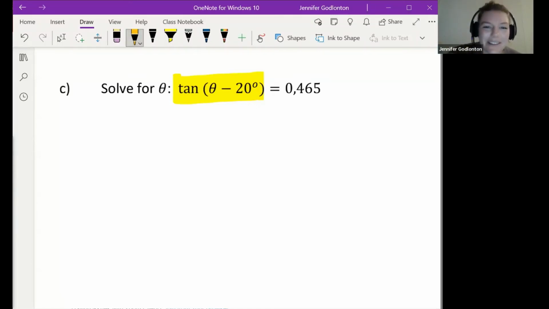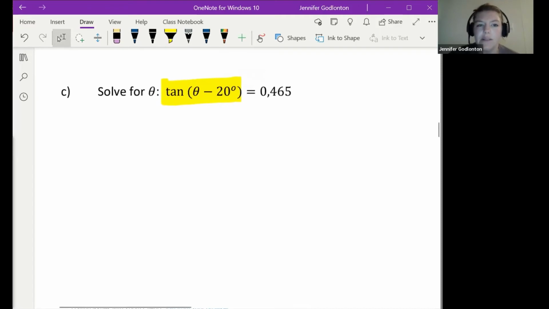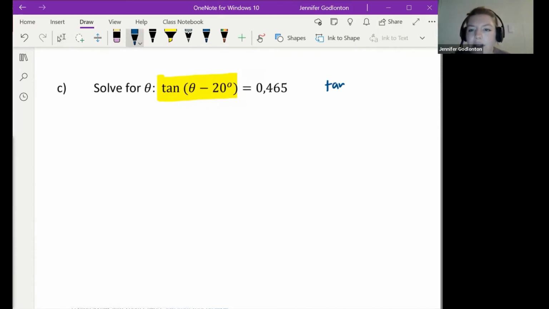Now, when we put this into our calculator, don't panic. I know that this looks new. Some of you have done it in class, so it's not scary. If you haven't seen it before, I can imagine how scary it must look. Don't panic. The same way that if I just had tan theta equal to 0,465, you would all very happily say, cool, shift tan 0,465, and then you would know what theta is.